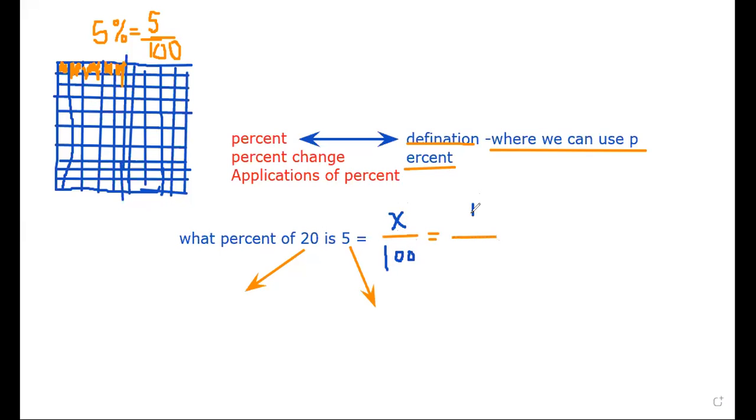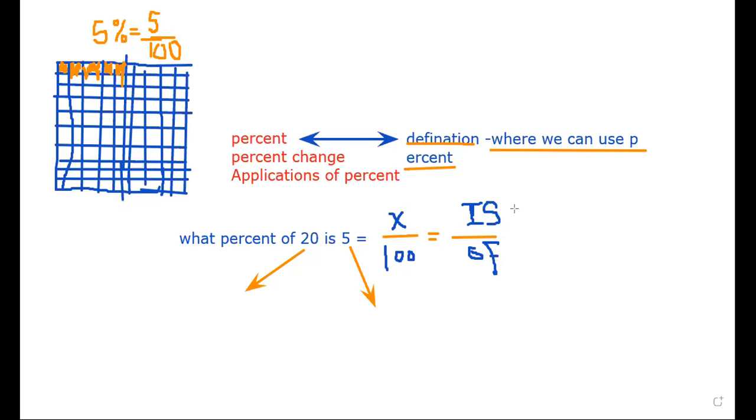I can change this formula now to be "is over of". So what is "is" donated for?